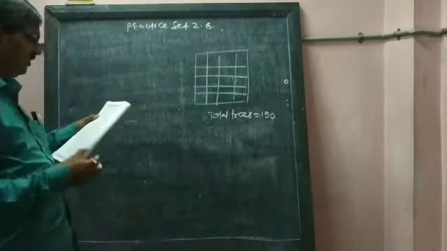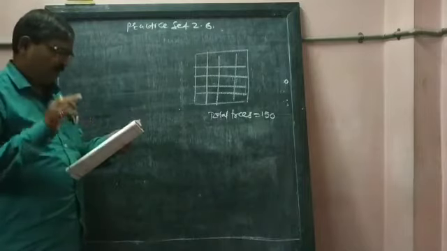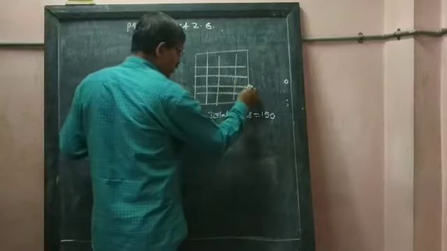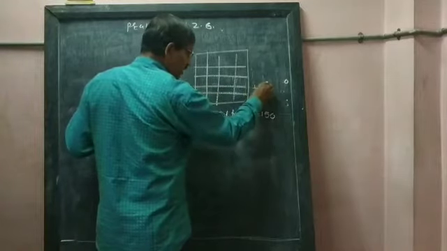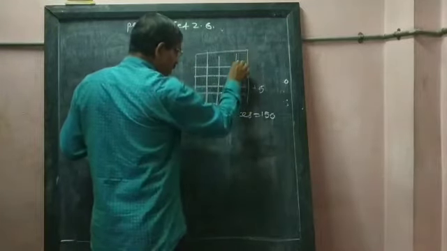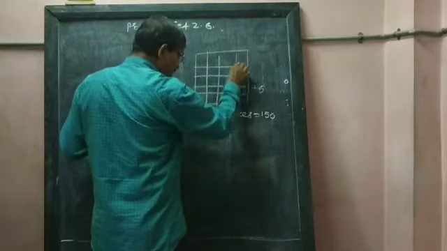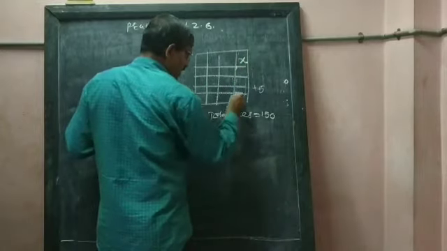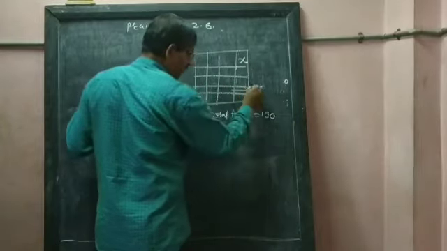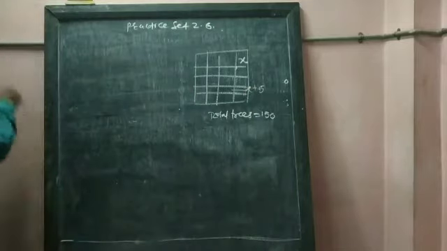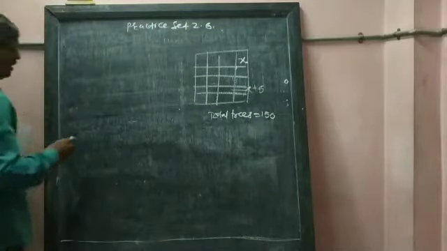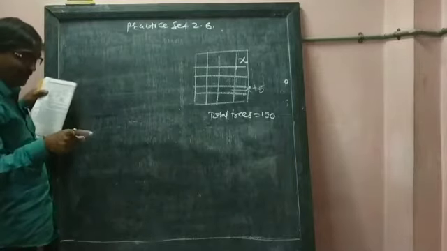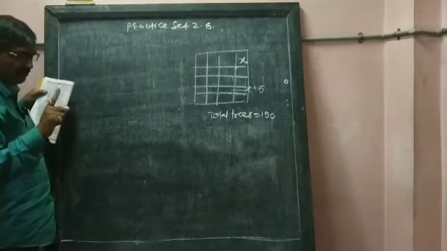And what is mentioned is that the number of trees in each row is 5 more. Means in this row there are 5 more trees. The number of trees in a column is not mentioned, so we should consider it x, and then the number of trees in a row will be x plus 5. Therefore, as per the given condition, the number of trees in each row is 5 more.